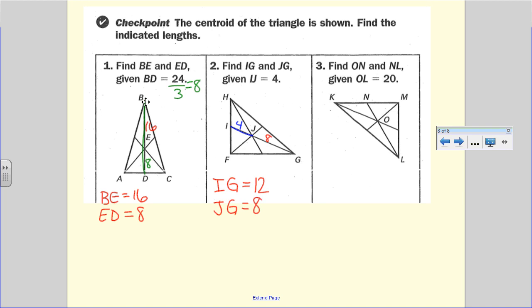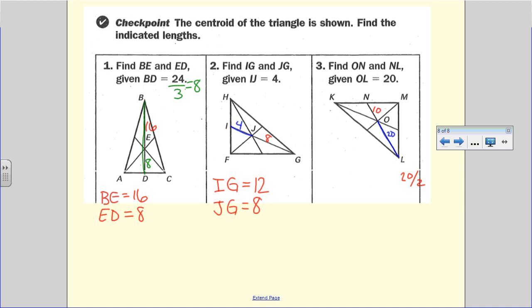All right, let's take a look at our last one. They want me to find ON and NL. OL is 20, and that's my larger segment from vertex to centroid. I know that half of that, 20 divided by 2, gives me my smaller segment. So I'm going to have 10 there.